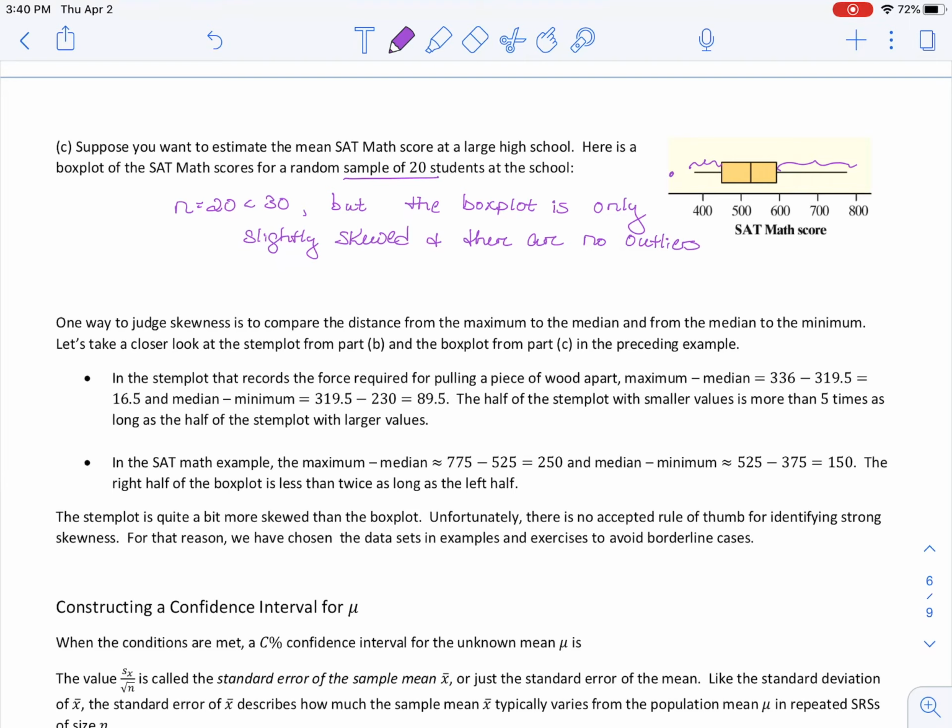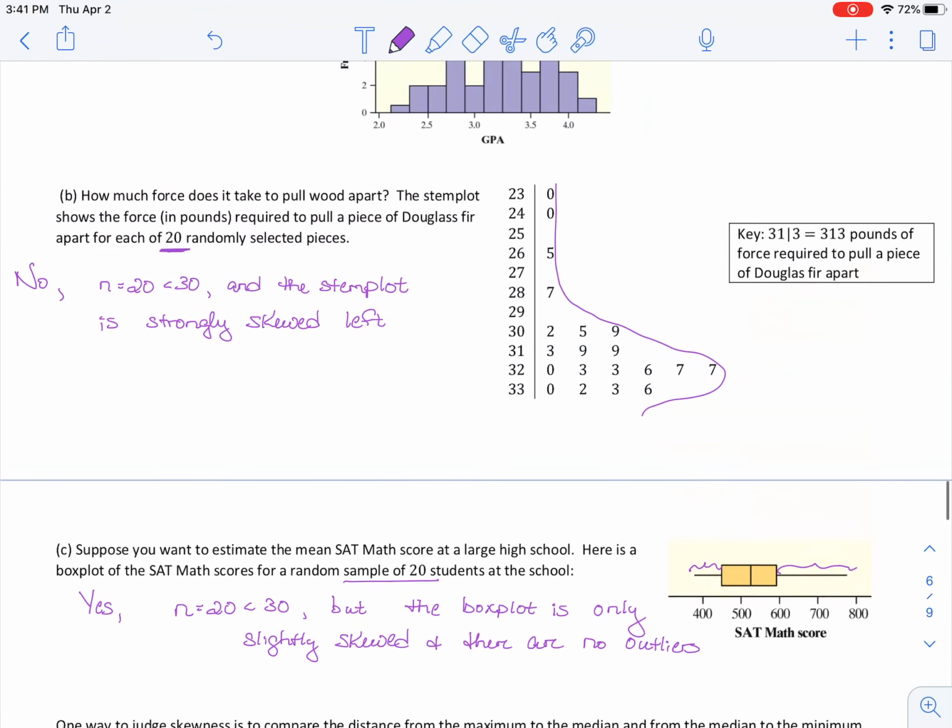You remember back when we talked about box and whisker plots, we said that the outliers are always dots at the end of a distribution. This doesn't have any, so I know for sure there are no outliers. It's only slightly skewed, so even though we have a small sample size, this would pass the threshold of being able to use our t-distribution, because the sampling distribution of sample means is approximately normal.